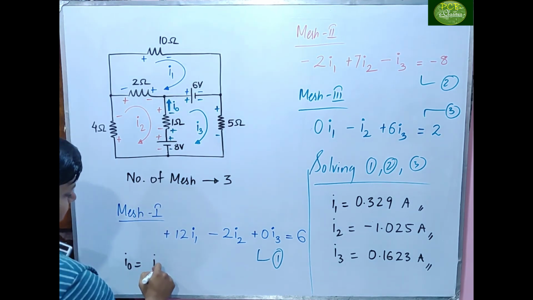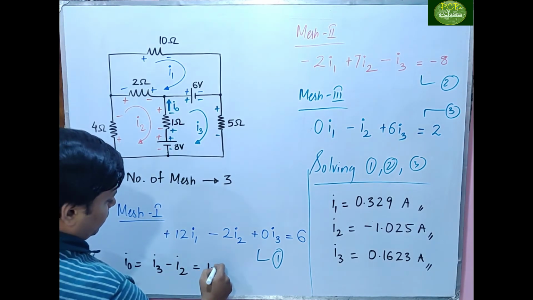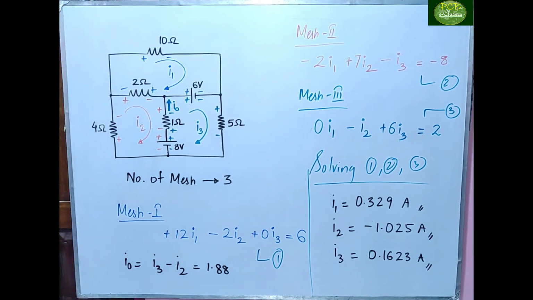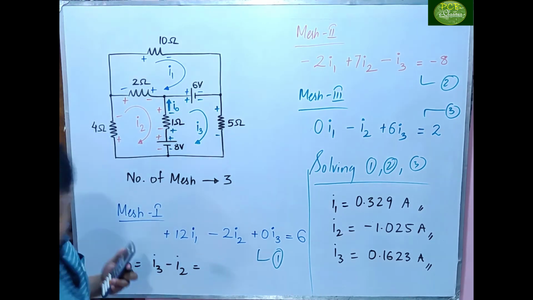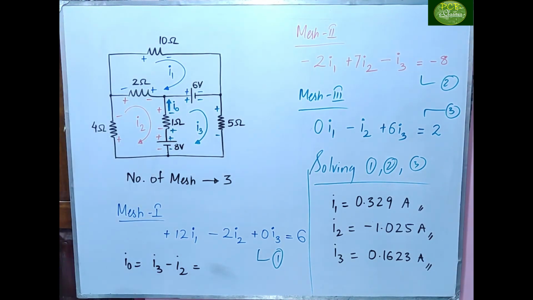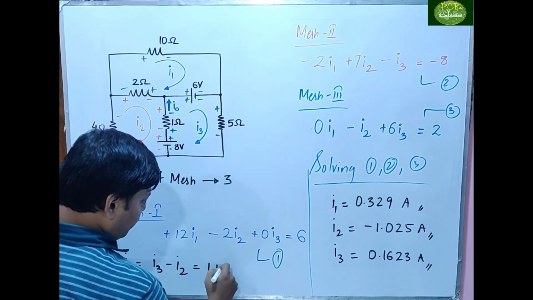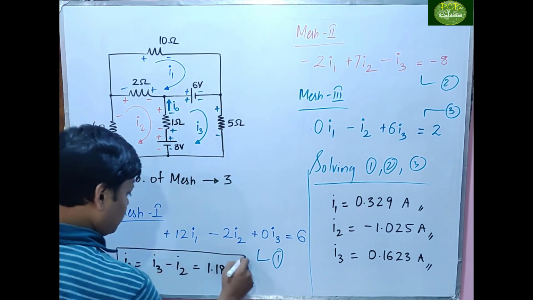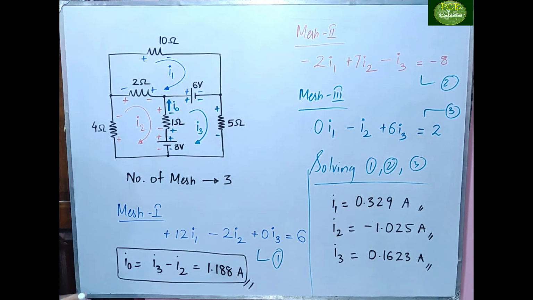So it will be I3 minus I2, that is equals to 1.188 ampere, which is your answer. Fine, you can make a note of it.